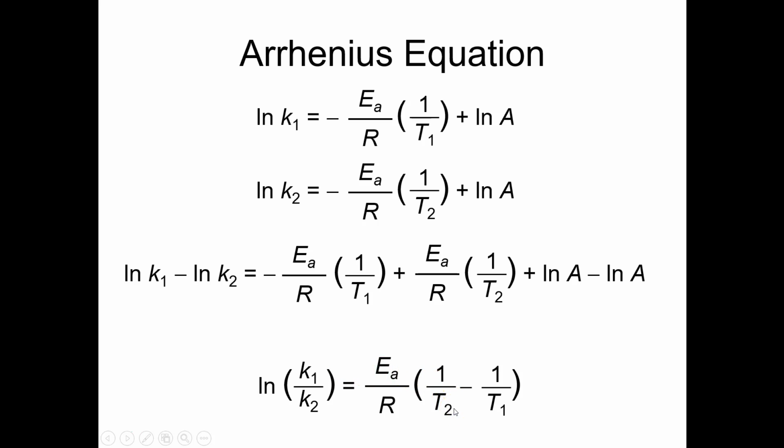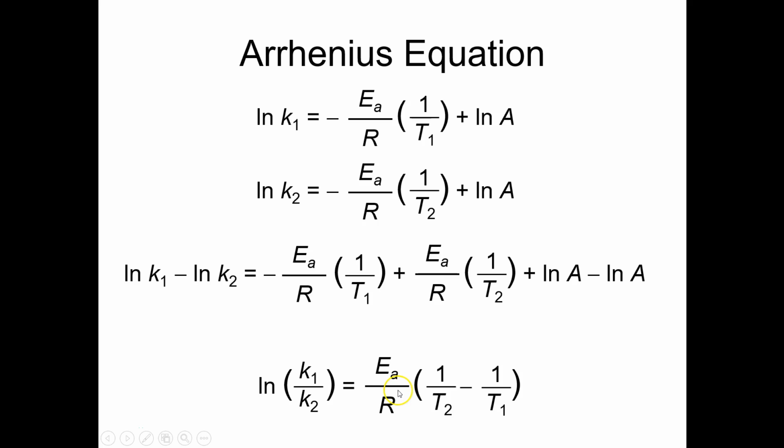If I can calculate the rate constant for a given reaction at two different temperatures, so I look at the value of K at, say, room temperature, and then I look at the value of K again at some elevated temperature, I can plug those four variables into this equation and calculate the activation energy for the reaction.